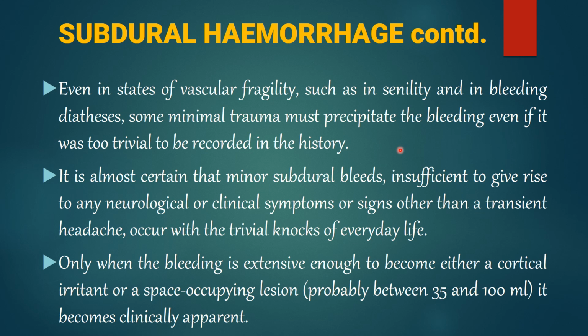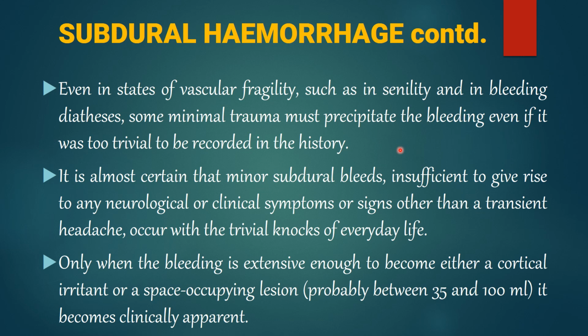And even this, due to small vessels, there is a possibility of atherosclerosis. The vessels are almost already blocked, so the resulting hemorrhage is a minute amount, a few milliliters, which is insufficient to give rise to any neurological or clinical symptoms.